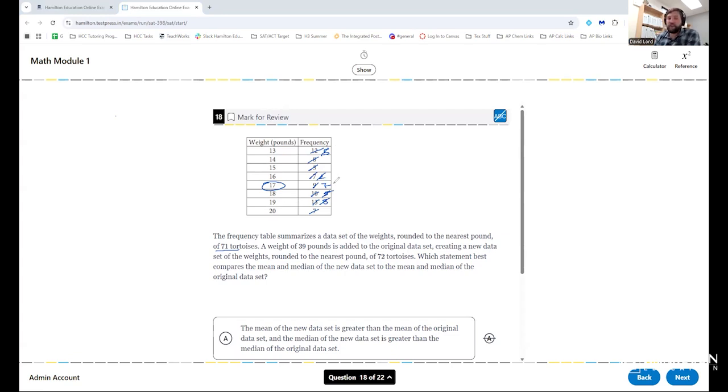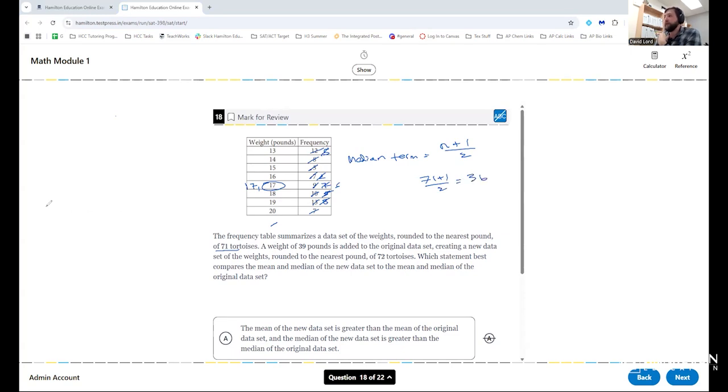And because I see there's 7 here, if we add one more, it would just go down to 6, which tells us that the new median would also be 17. Now, if you don't like the whole crossing off from each region, you think it takes too long, you can instead use this rule. The median term, not the value, but the term itself, is equal to the number of items plus 1 over 2. In the beginning, there were 71 tortoises. So 71 plus 1 over 2 is 36.